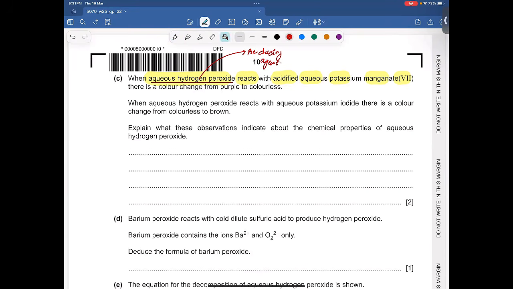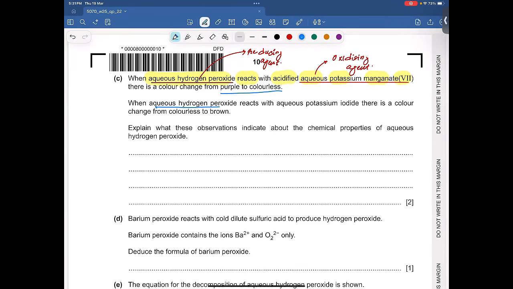And aqueous potassium manganate(VII) is basically an oxidizing agent. Which is why the color changes from purple to colorless. Okay, that's a very important, significant observation in this reaction.